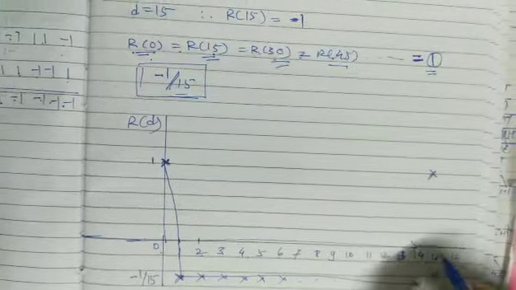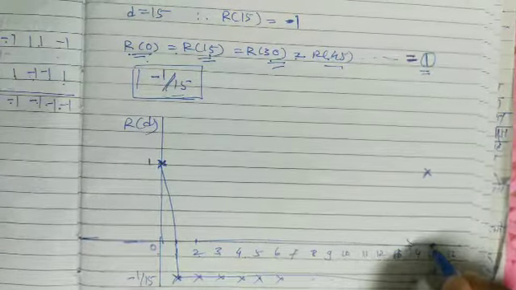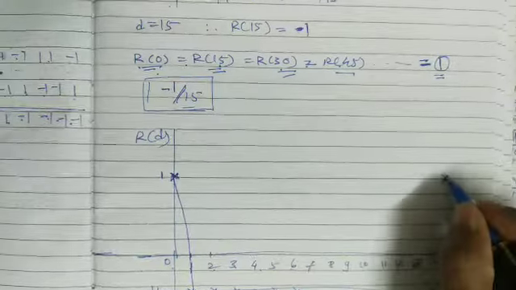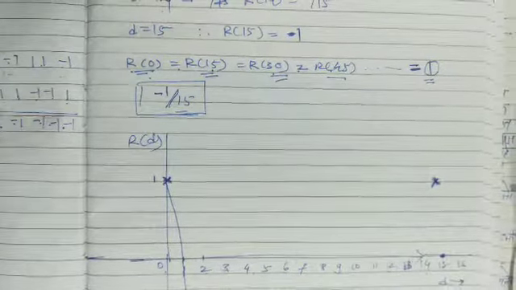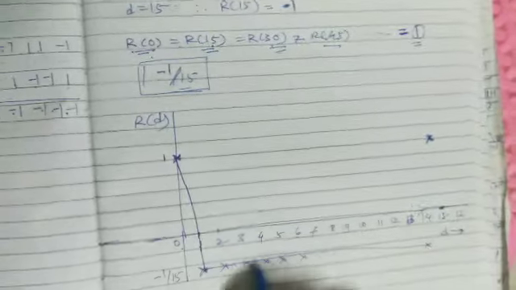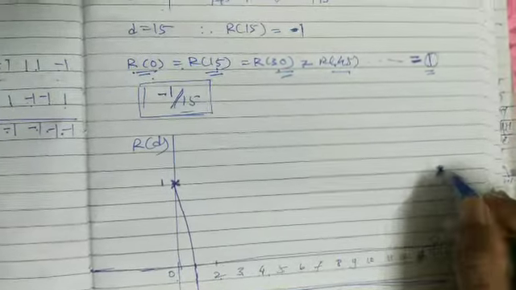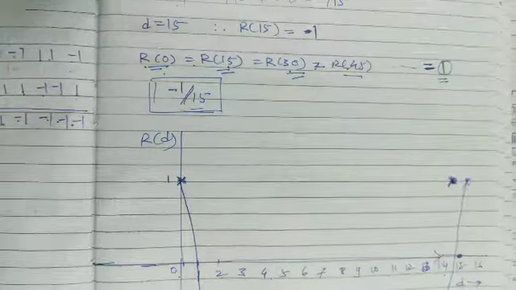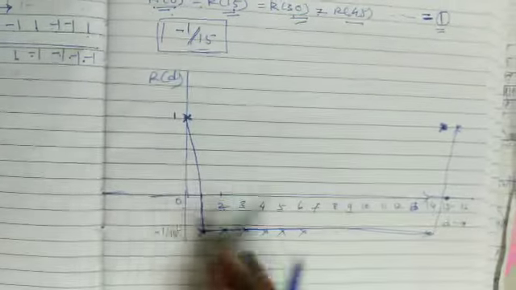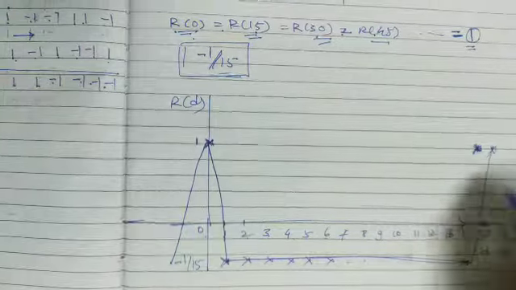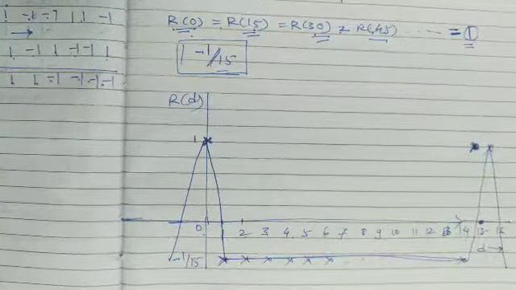And for 15, at this particular instant, we will again get the value of R of d as 1, as shown over here. And if we draw the graph, it will be like this, and for the earlier values, it will be like this.